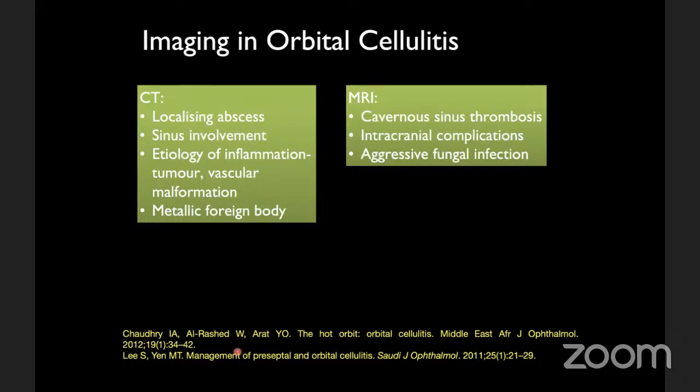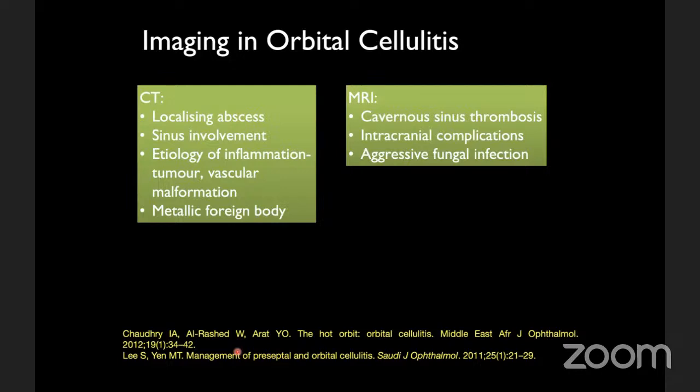Now, MRI, of course, there is a question about using MRI in cases of orbital cellulitis. That is mostly done when there is more posterior involvement, when we are suspecting perineuritis, cavernous sinus thrombosis, or an intracranial complication. That is when it would be more advisable to get an MRI.